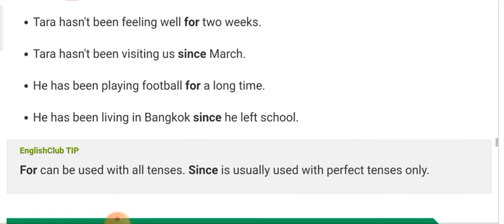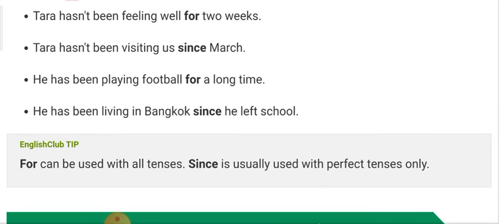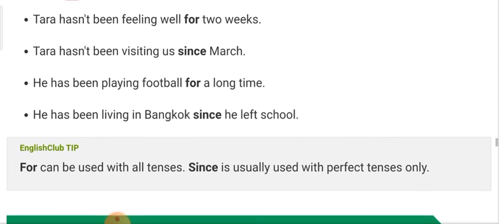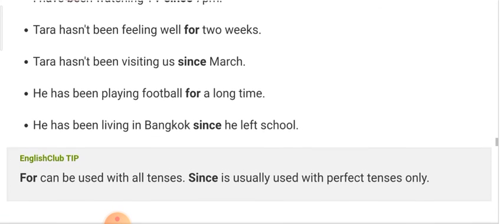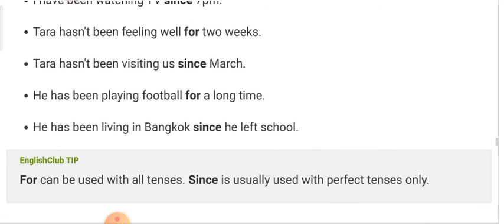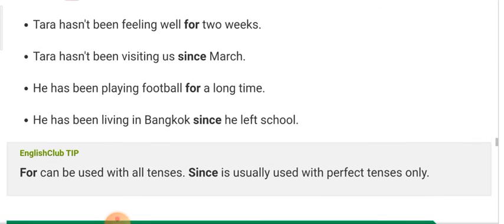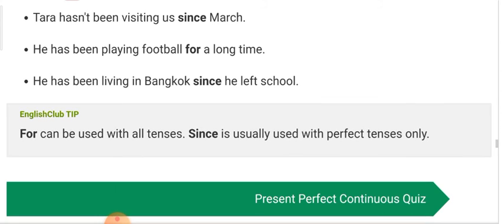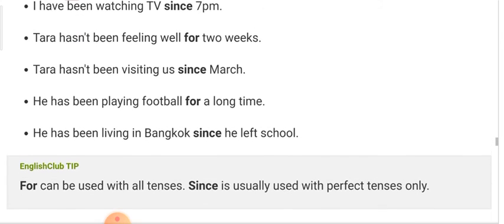Now you can see, he has been playing football for a long time. He has been living in Bangkok since he left school. Okay, I think this is enough for today.